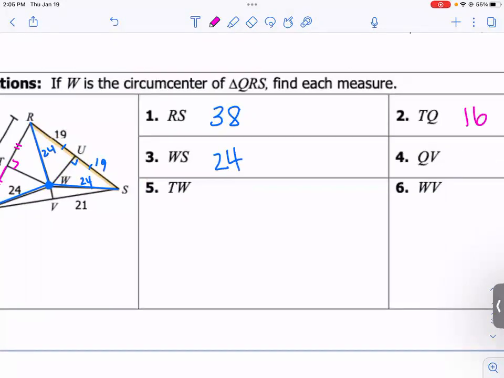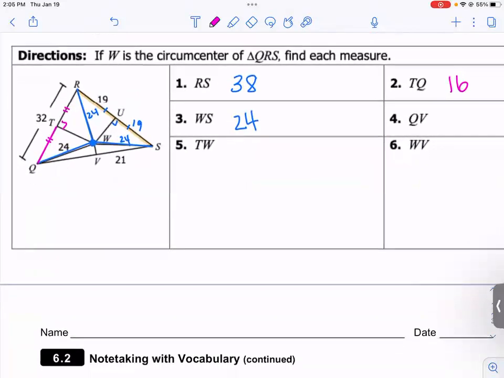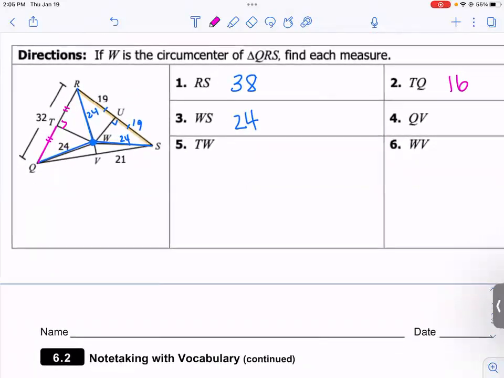Are you okay with why it is 16? Do you have questions? No, okay, never mind. We're not there yet.